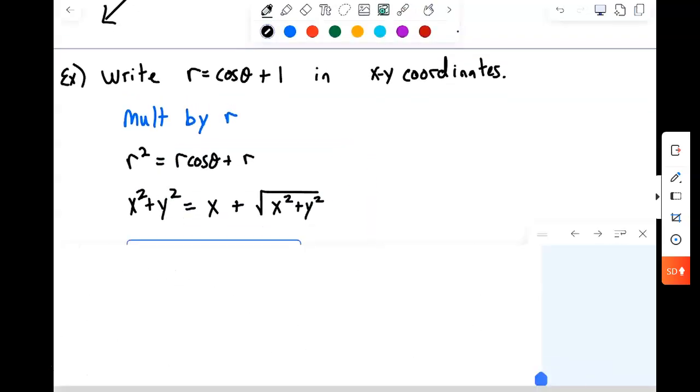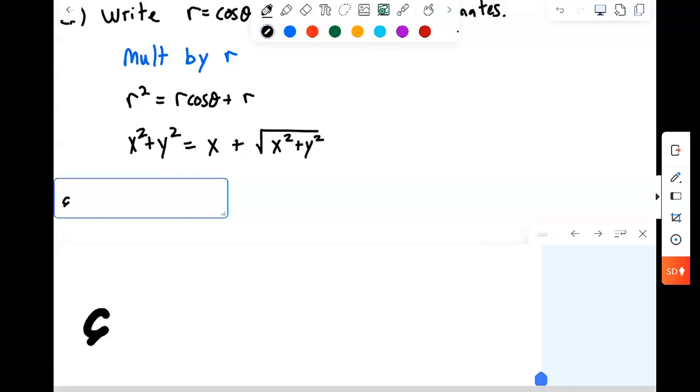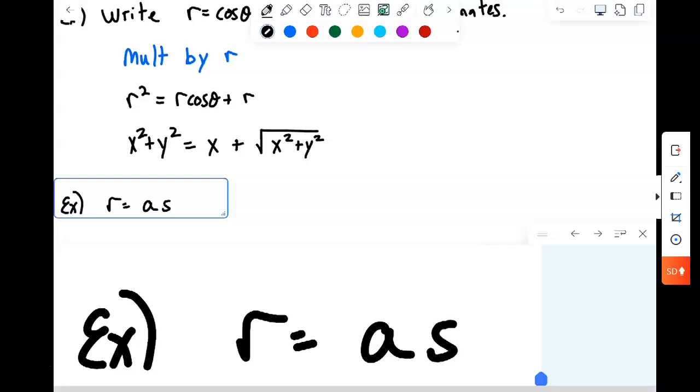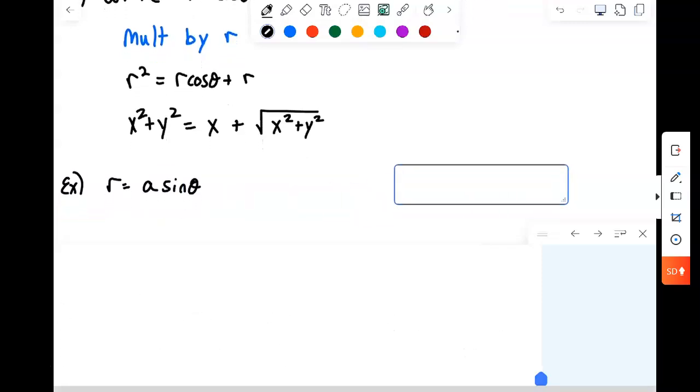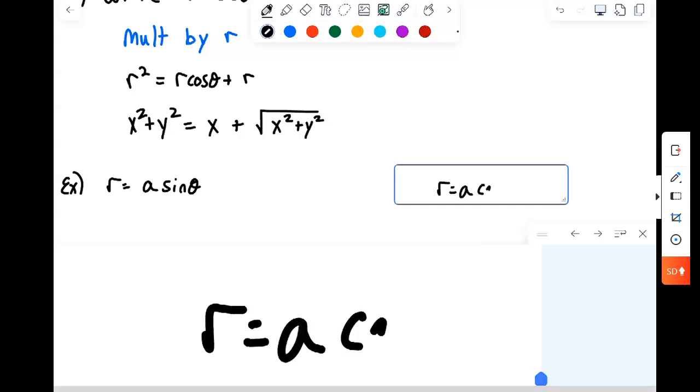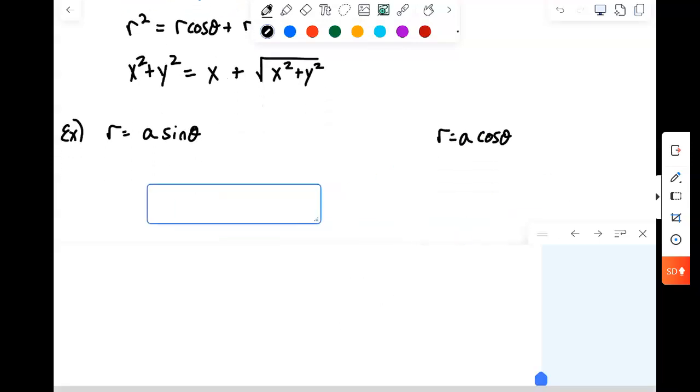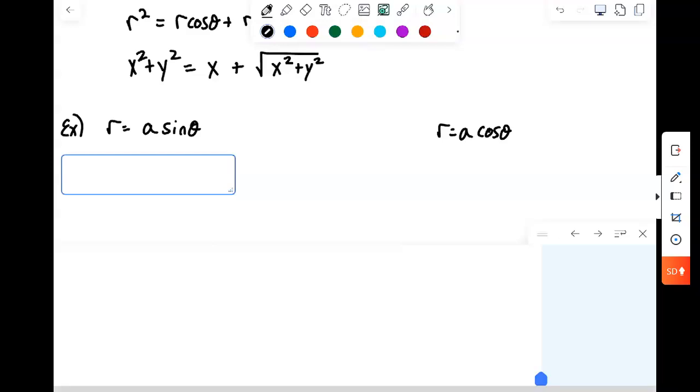As another example, let's consider the equation r equals a sine theta, or r equals a cosine theta. Just a constant times either the sine or cosine.